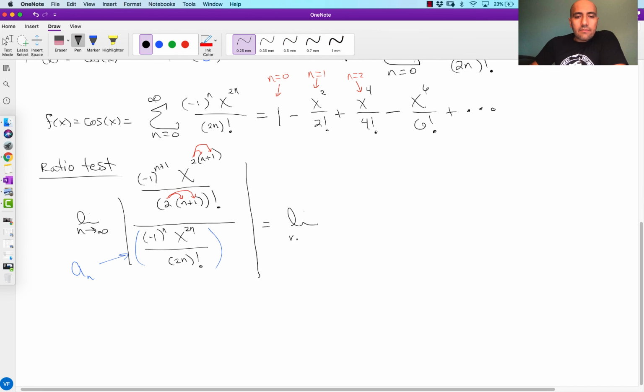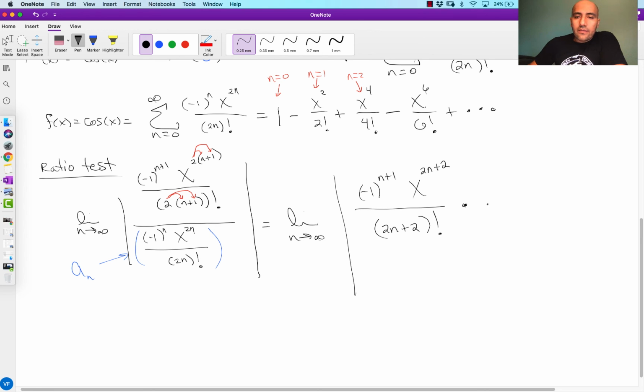This will become the limit as n goes to infinity of, and we still have this giant absolute value, we're going to have to distribute that, so we'll end up with negative 1 to the power of n plus 1, x to the power of 2n plus 2 when we distribute that little 2, and then divided by 2n plus 2 factorial, times the reciprocal of the denominator.